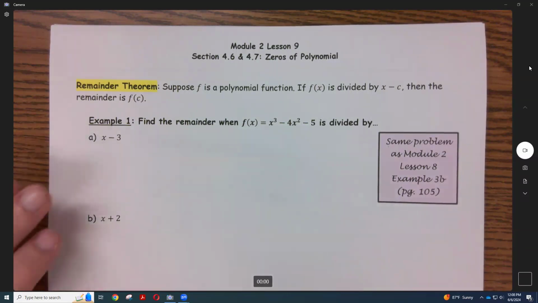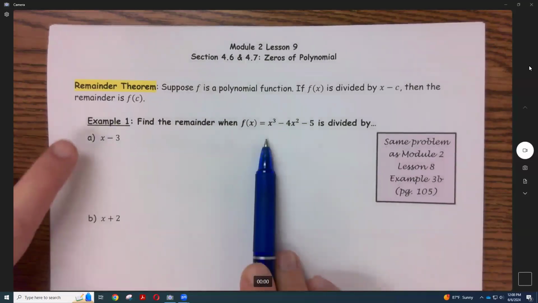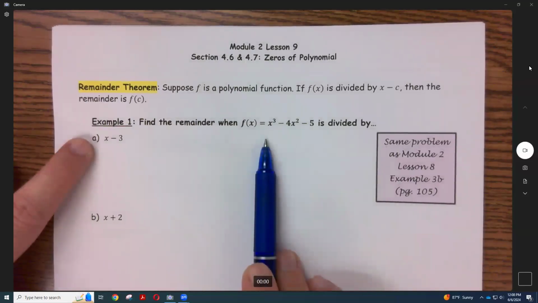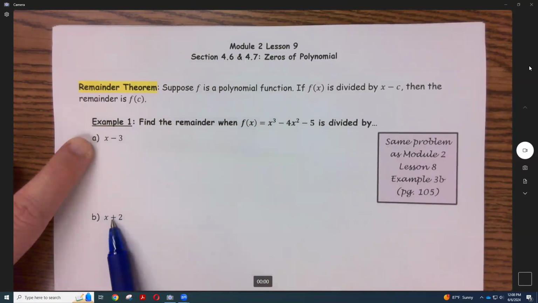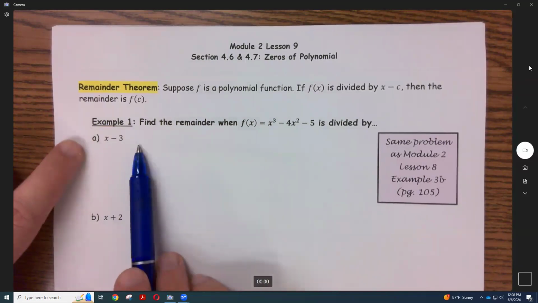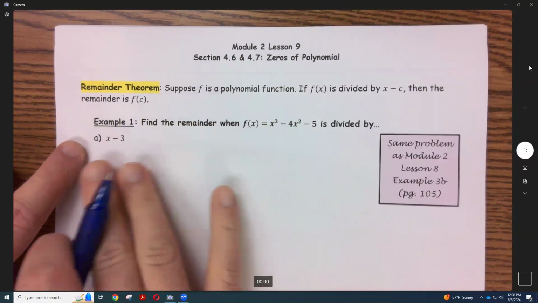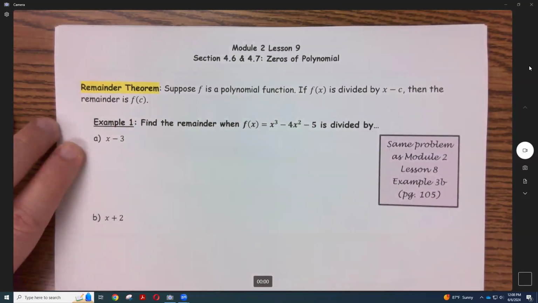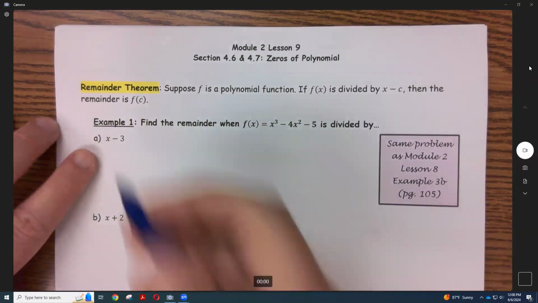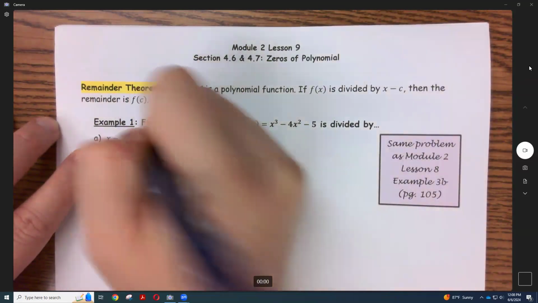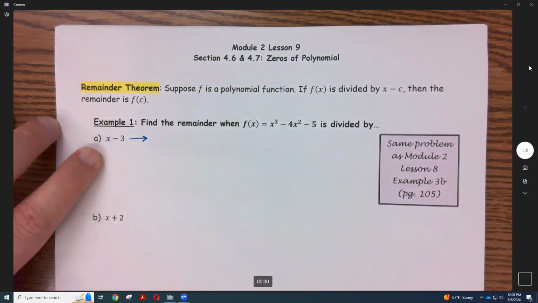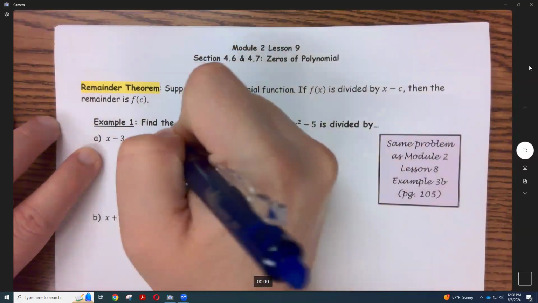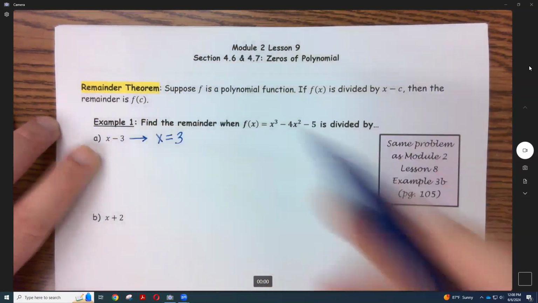So example 1 says find the remainder of f of x when it's divided by x minus 3 and x plus 2. So here, if I'm dividing by x minus 3, if all I want is the remainder and not the quotient, all we need to do is plug in this 0. So if you do x minus 3 equals 0, this means we have a 0 at 3.